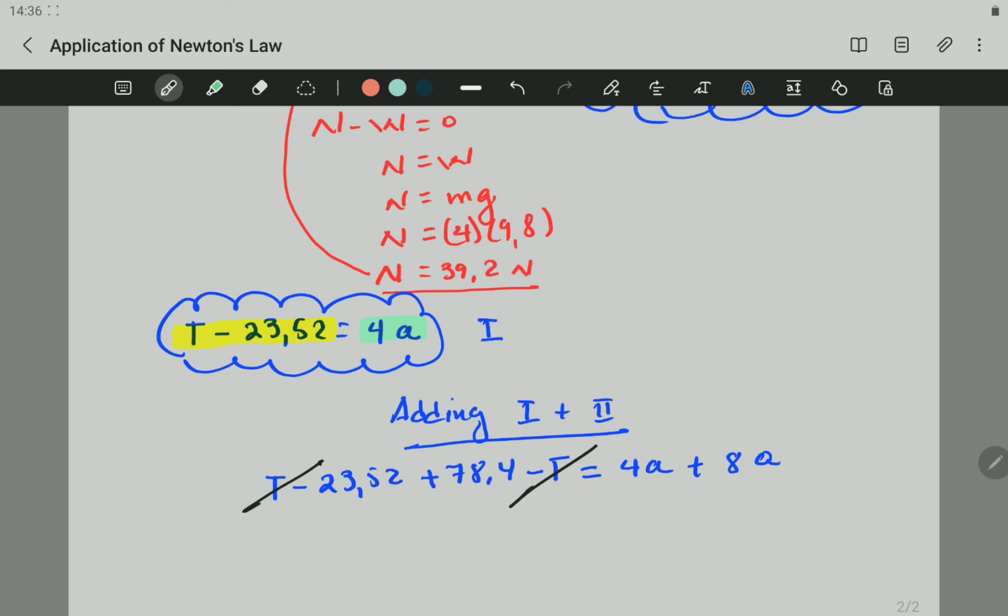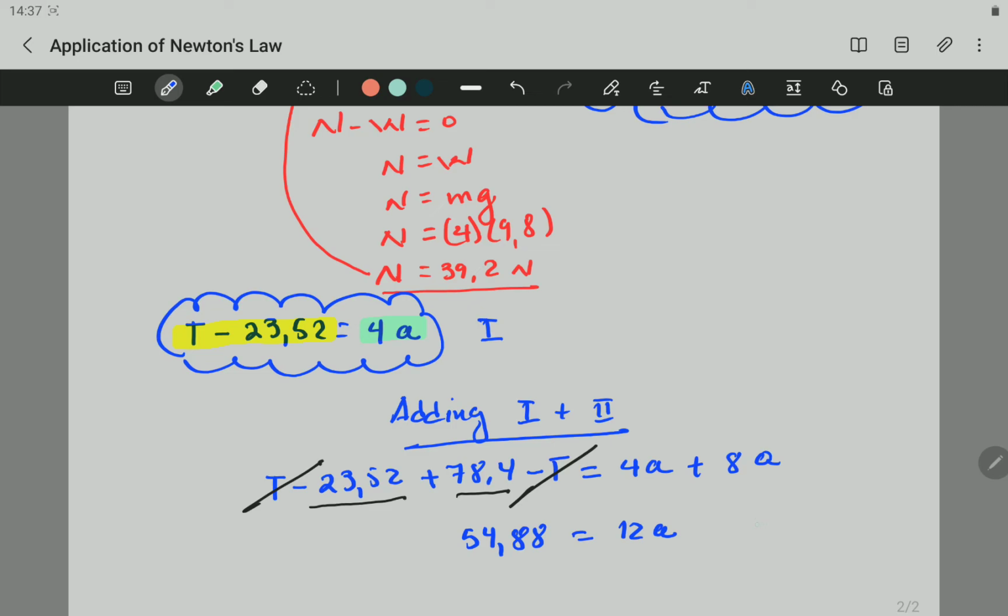Okay, so let's do the calculation. Now it's negative 23.52 plus a positive 78.4. This one gives us 54.88. So it is 54.88, equal to 4a plus 8a, which is 12a.